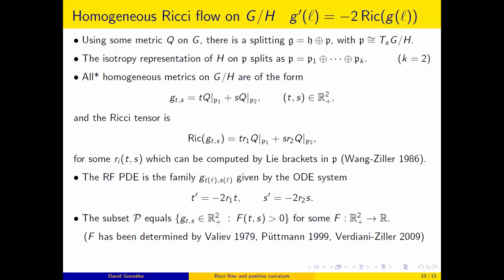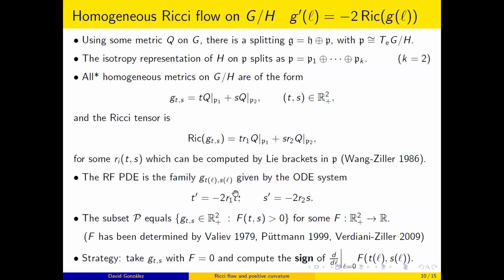And now we need to determine in this strategy if a metric in the boundary goes outside the set or inside the set. How can we detect that? Well, it is just the sign of a derivative. We need to take a metric in the boundary of this set P. This means that f evaluated at (t,s) has to be 0. Then it is in the boundary. And then, of course, we need to compute the derivative. Why?